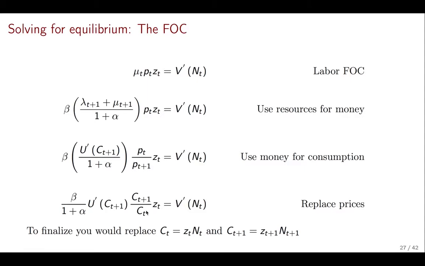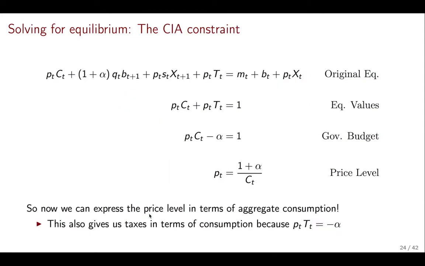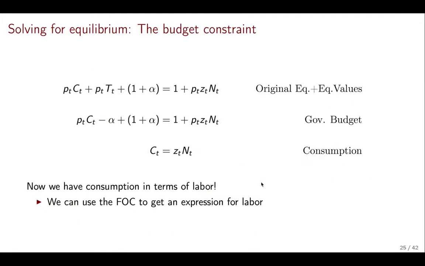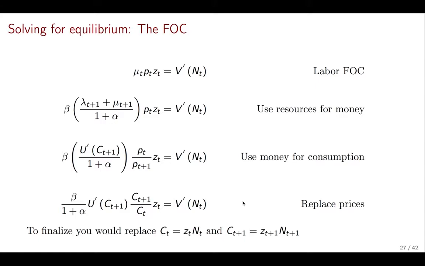It's ct plus 1 over ct. Just, I'm gonna go back for a second so that you can see it. That's coming from this expression. pt, it's inversely related to ct. So when you replace it, you get pt over pt plus 1, you get ct plus 1 over ct. You can do the steps on your own, but I just wanted you to see it right there.